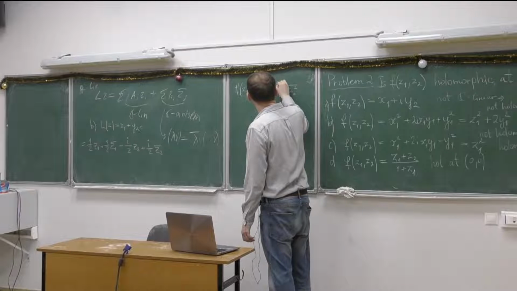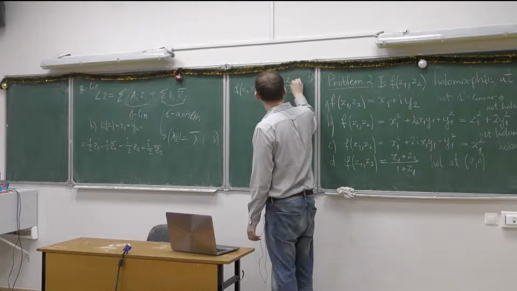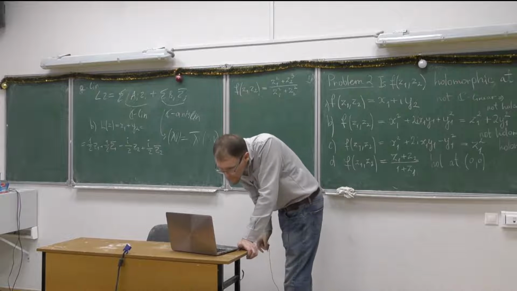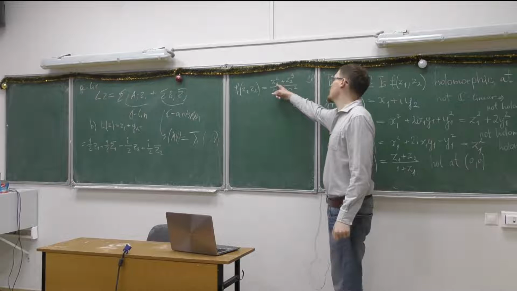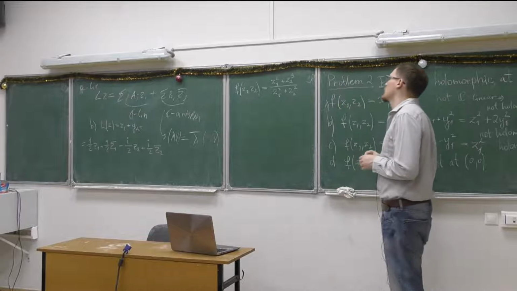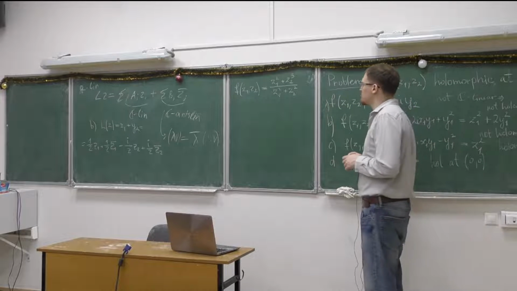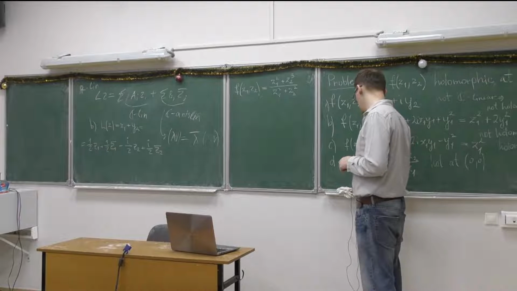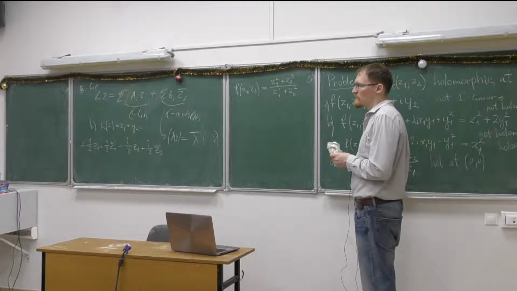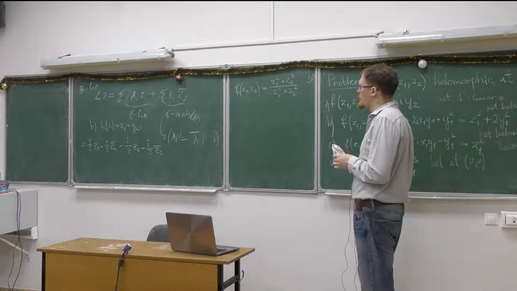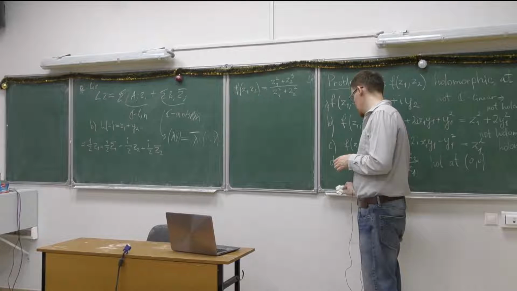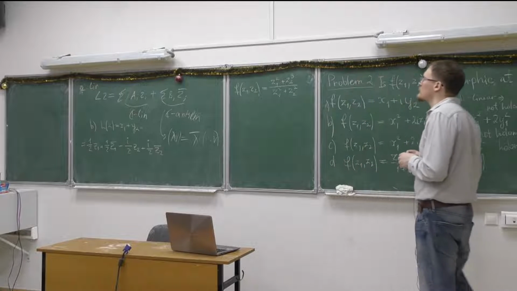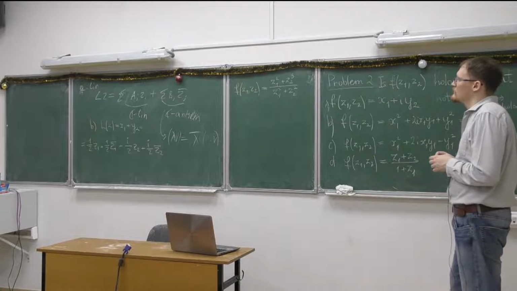And here we have z1 squared plus z2 to the third. And the question is, where is this function holomorphic? And if it is somewhere holomorphic, then where is it holomorphic? Holomorphicity makes sense only on open subsets, so find an open subset where it is holomorphic. It is holomorphic somewhere.